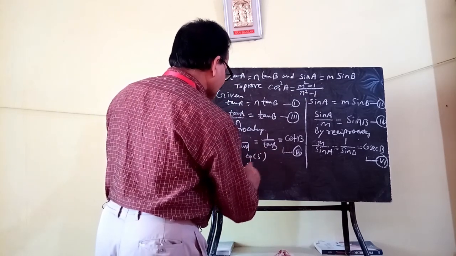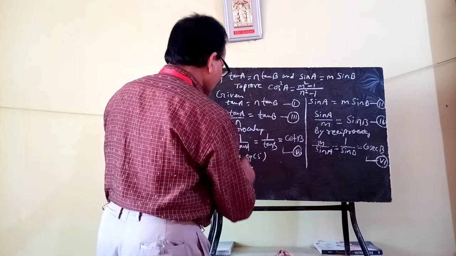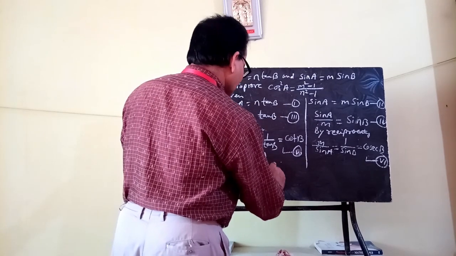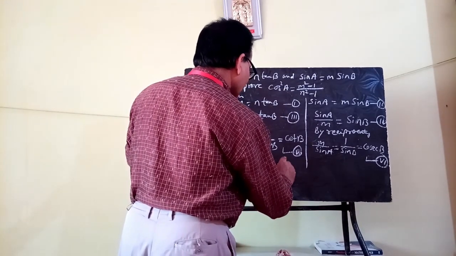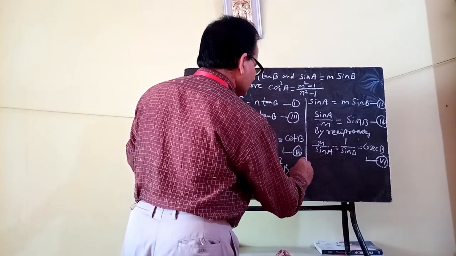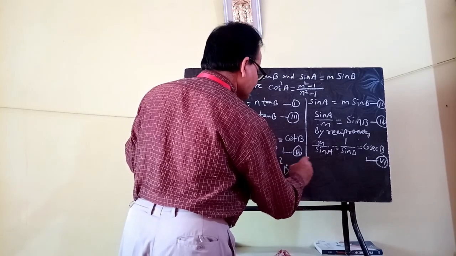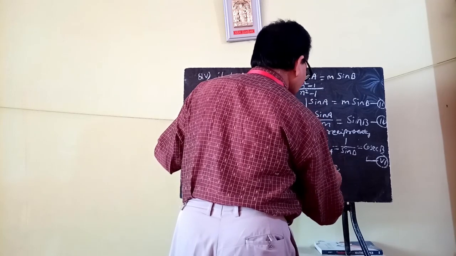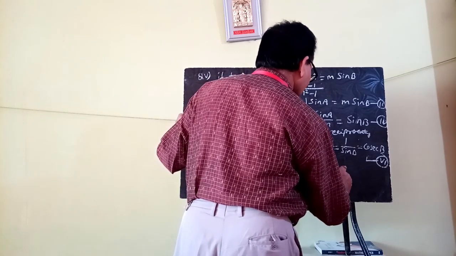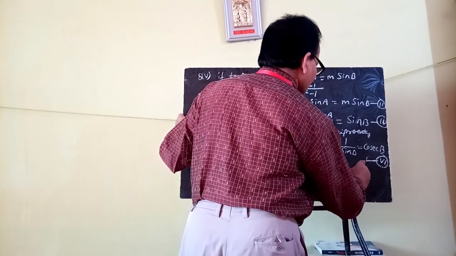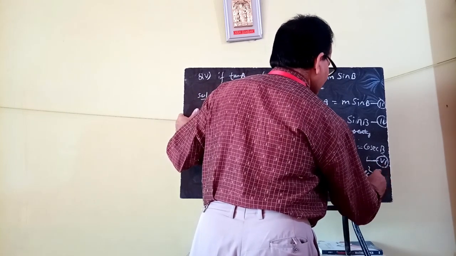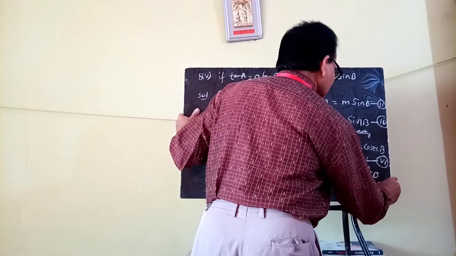This will be n square by tan square A equal to cot square B. This is your equation 7, and this part is m square by sin square A equal to cosec square B. This is your equation 8.